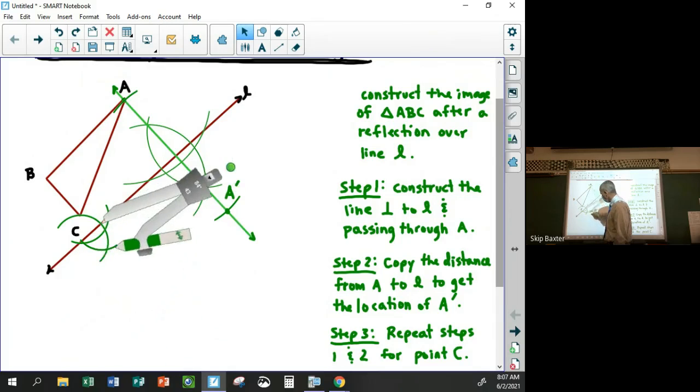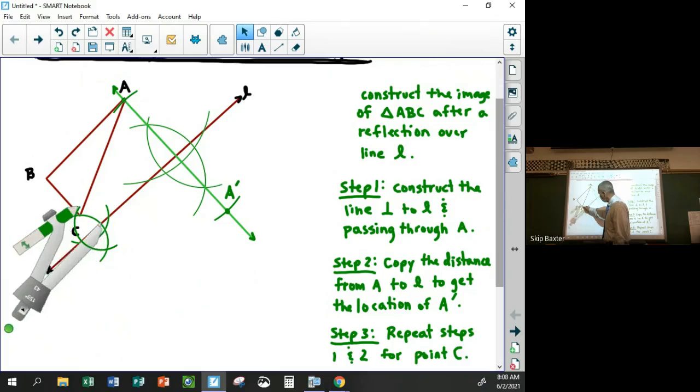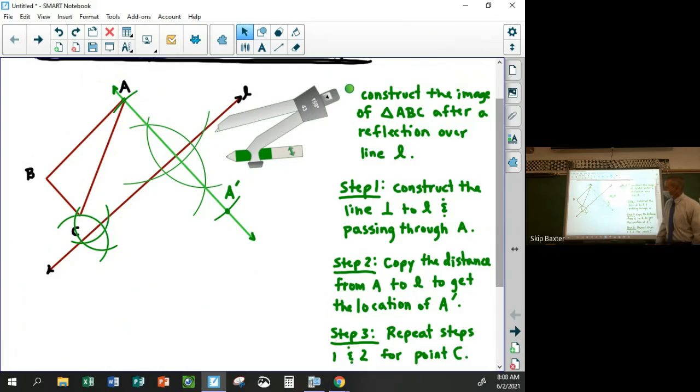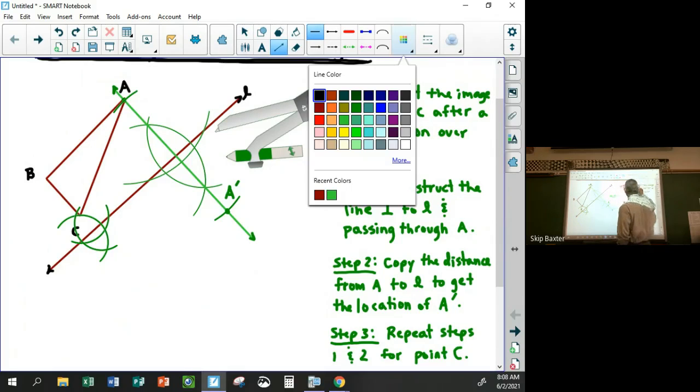I feel like it's hard to work with instructions when you have such a small thing to do, but it's close enough. And then draw the line that goes through it again. And mine looks a little off because it's so small.